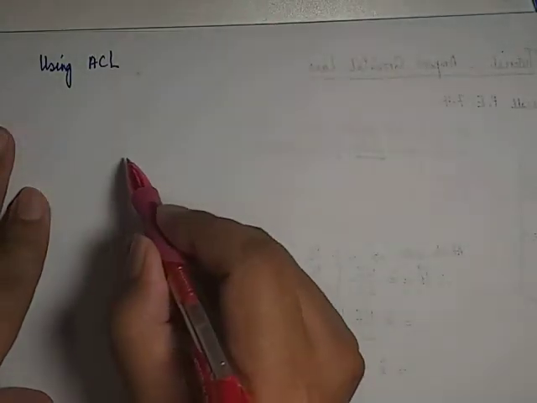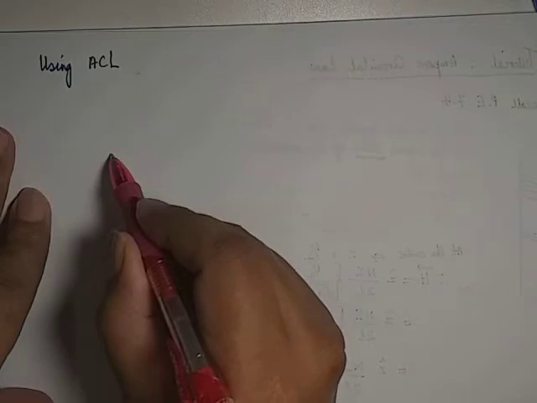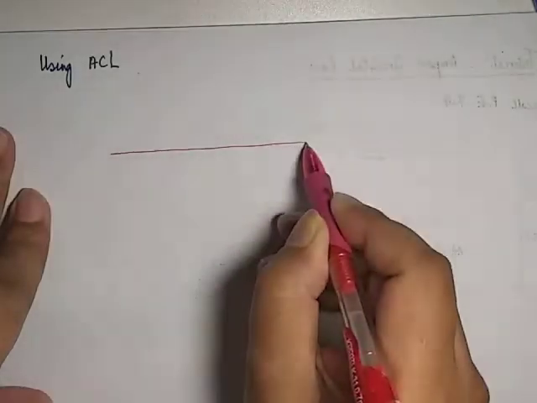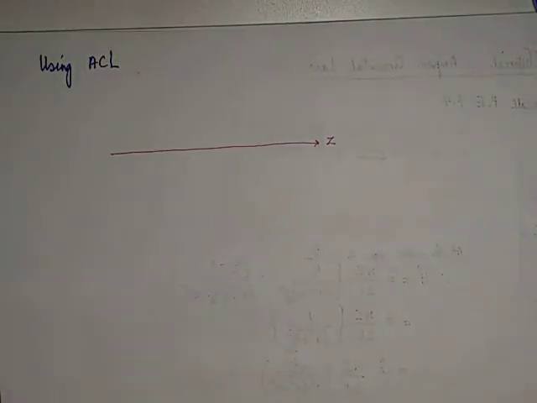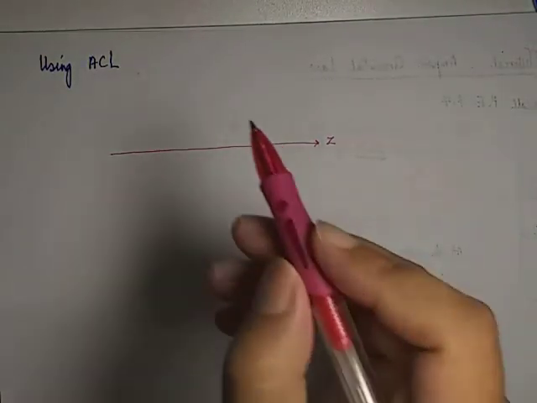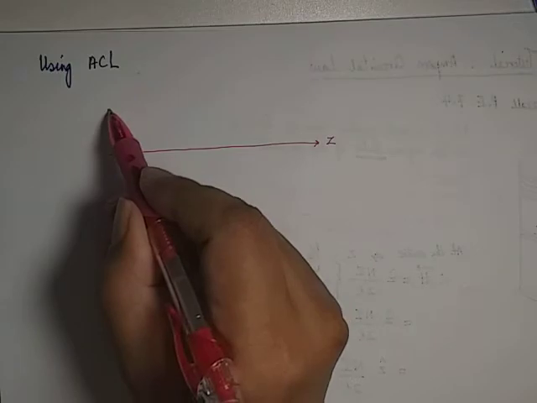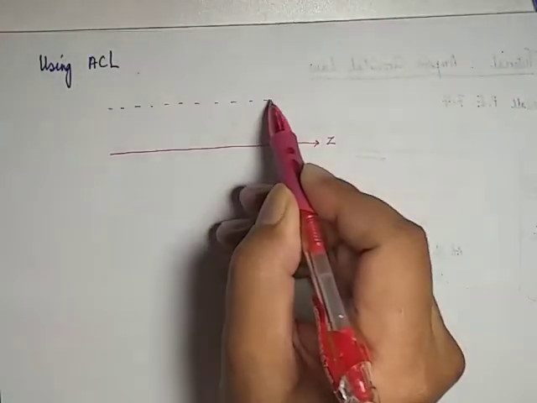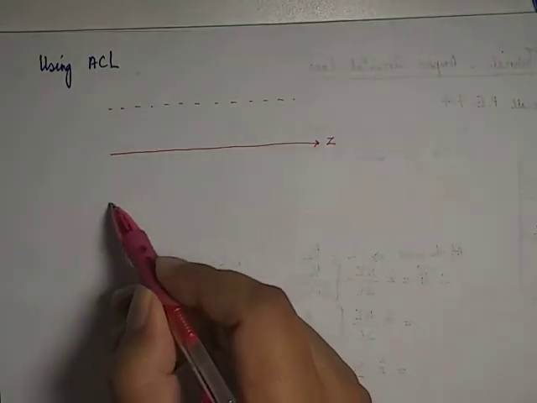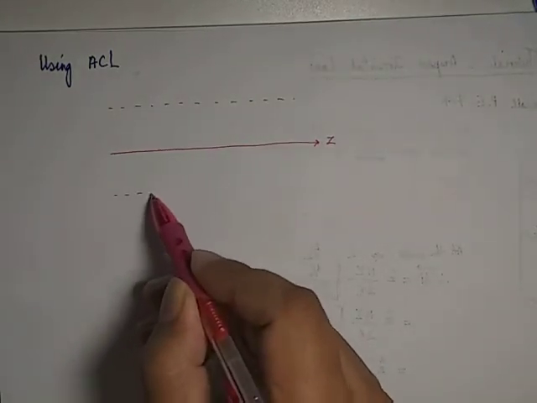I'm going to draw the z-axis first. Okay, that should be my z-axis. Since our solenoid is infinite, I'm going to draw a dotted line. That should be referring to one side of the solenoid, and then another dotted line.